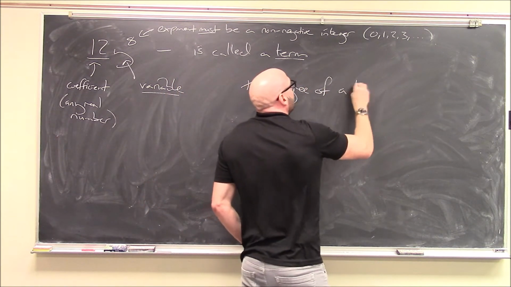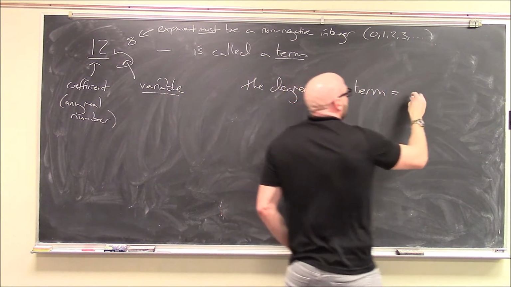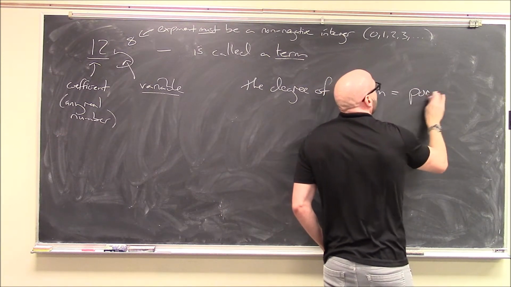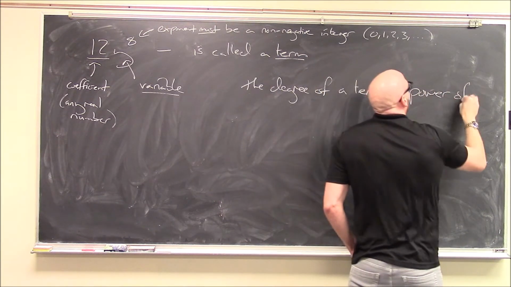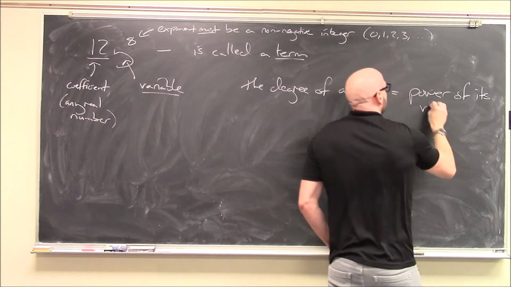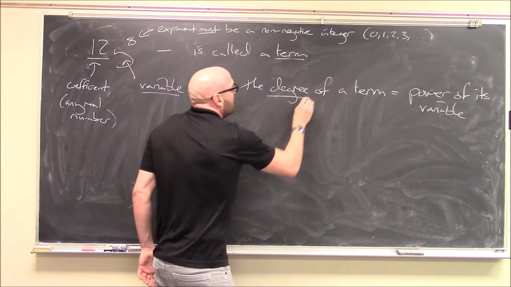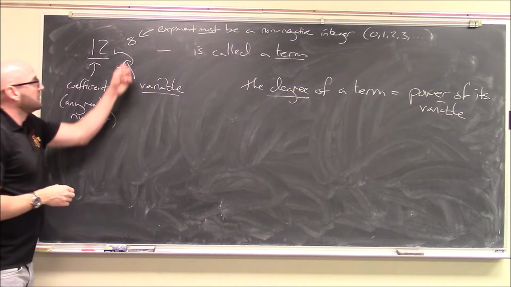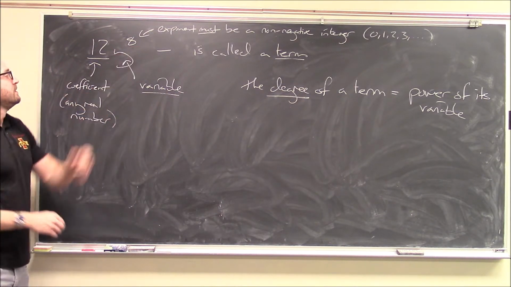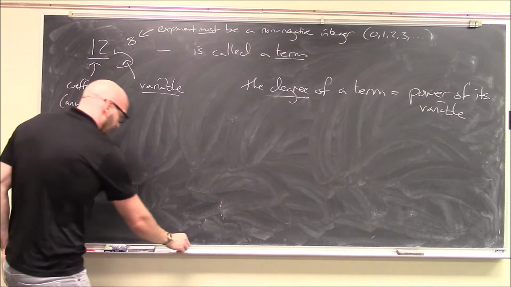And just a little bit more terminology, the degree of a term is equal to the power of its variable. So in this case, our term has degree 8. Right, just the value of the exponent there.